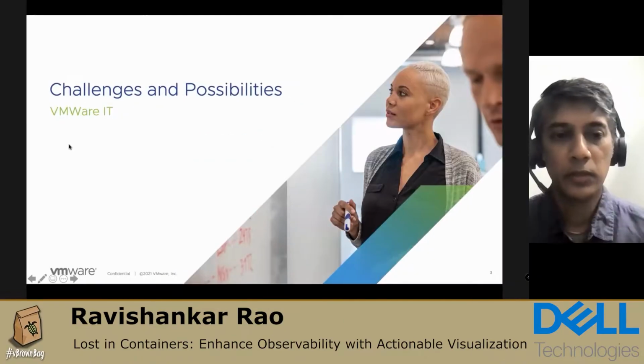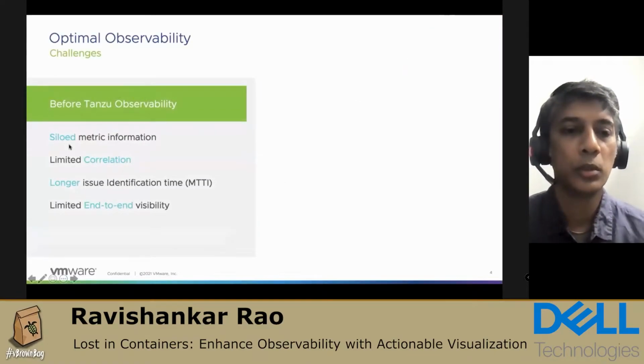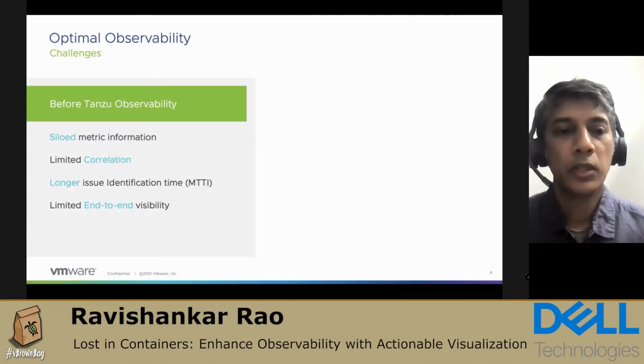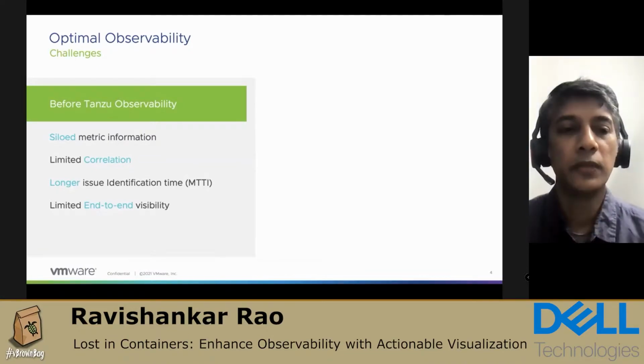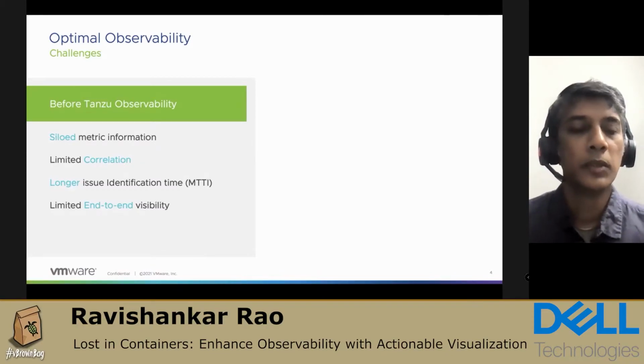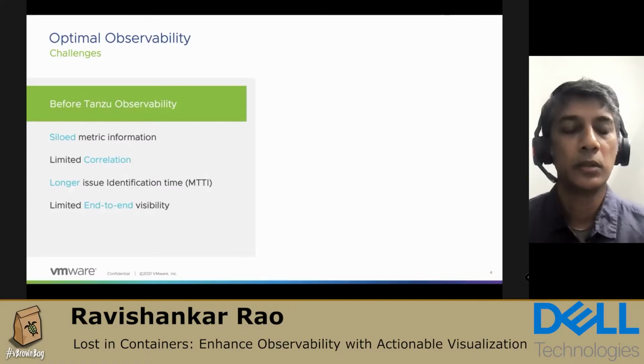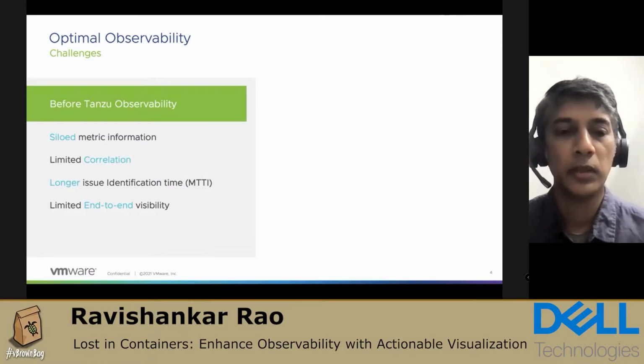We'll look at what challenges we faced as an IT org prior to onboarding Tanzu Observability. Initially, we had a whole bunch of tools that did different things. For example, the storage monitoring tool gathered metrics only from the storage, and then we had separate tools for infrastructure, networking, etc. So, with multiple tools, the metrics were siloed, and the effect of having siloed metrics is that the correlation was limited or probably even non-existent.